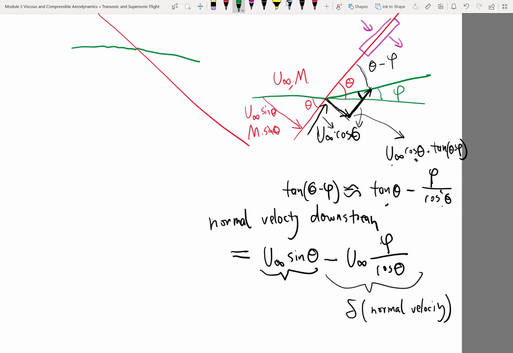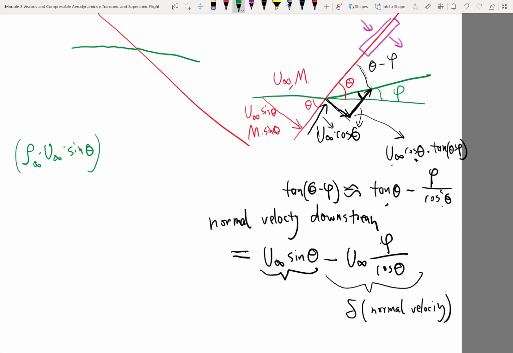Okay, so this is the delta V, and through the conservation equation, we have rho infinity times u infinity times sine of theta. So that's mass flux per unit area, right?